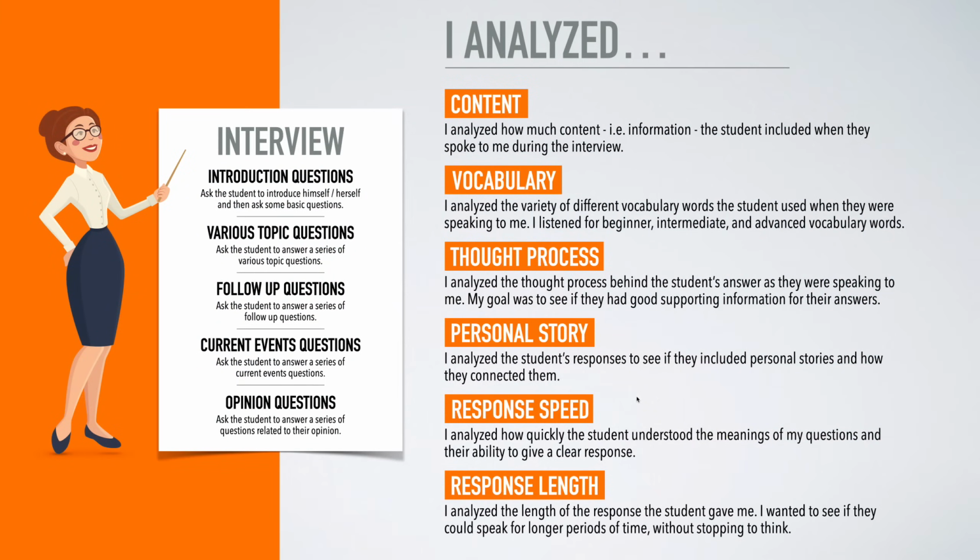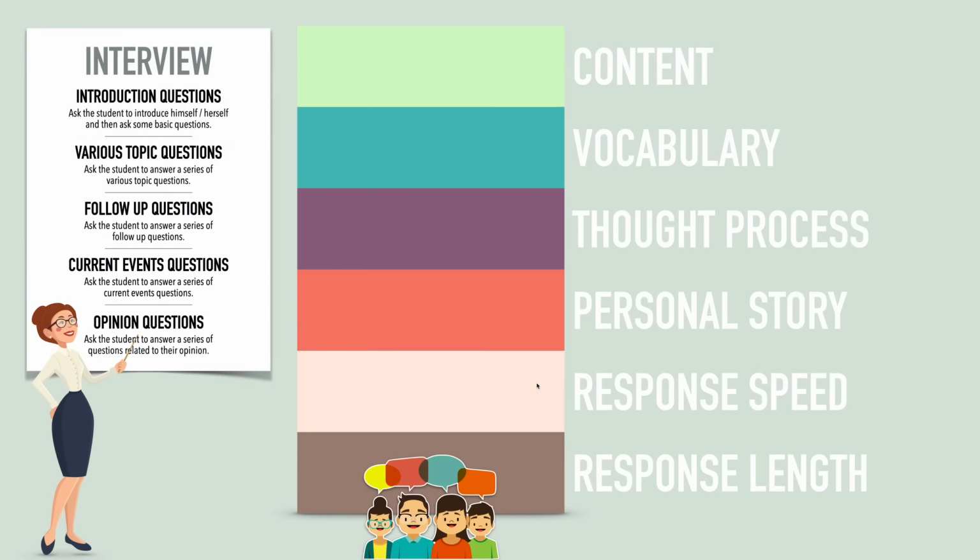And finally, the length. I analyzed the length of the response the student gave me. I wanted to see if they could speak for longer periods of time without stopping to think. Now, each of these 6 different parts is important when you are trying to see your English fluency. We're going to look at each section for you.